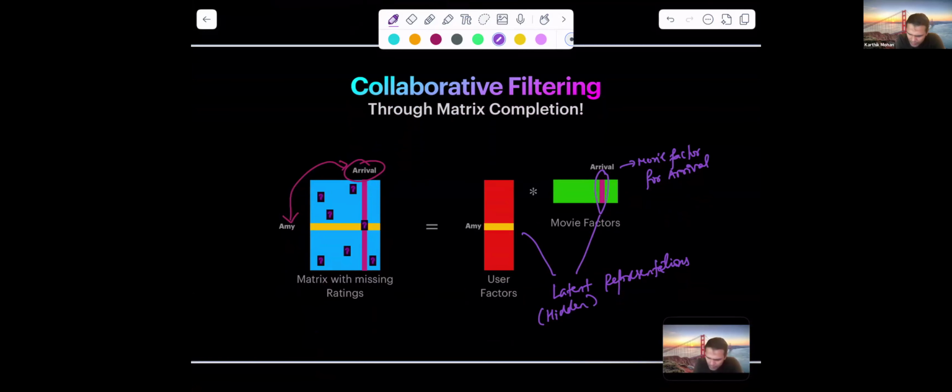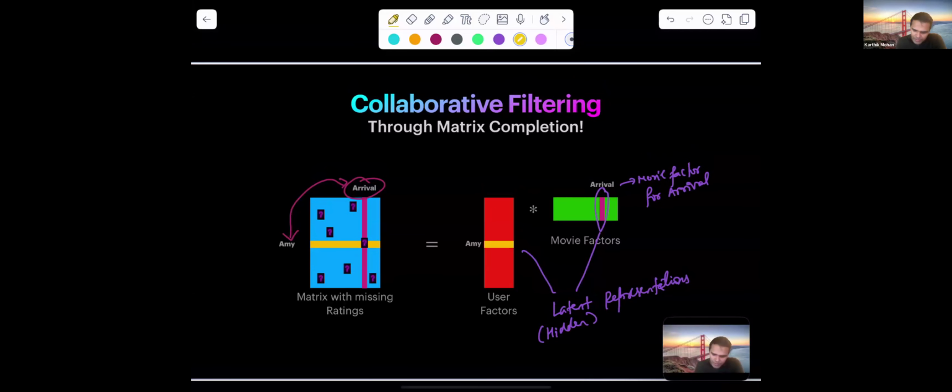It's also connected to the hidden layers and activations in our neural network. Because at some level, when you make the prediction, if you look at the neural network we looked at yesterday, right?